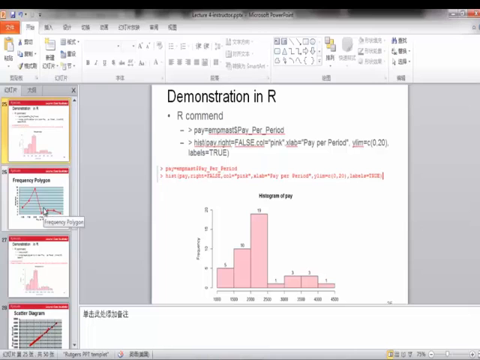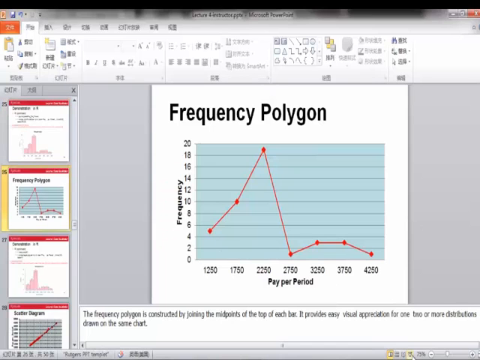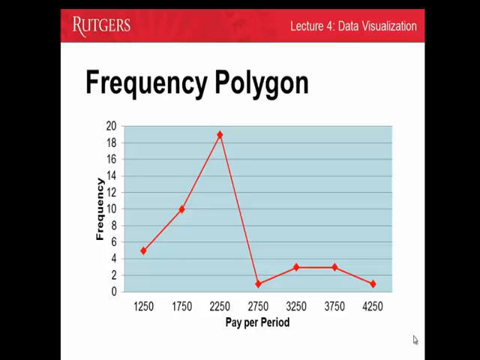then the other chart for the continuous variable is called the frequency polygon. The frequency polygon is a chart that's based on the histogram, and it's constructed by joining the midpoints of the top of each bar.